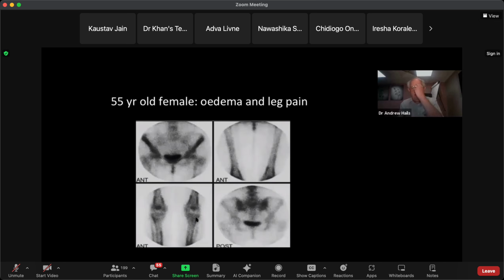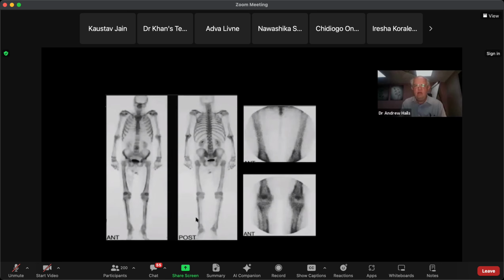Right, okay. Now, this is somebody with edema and leg pain. This is not somebody who's just been running.